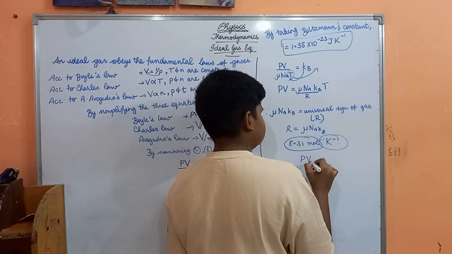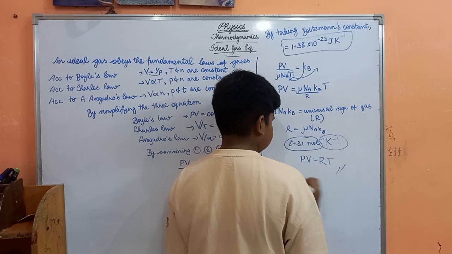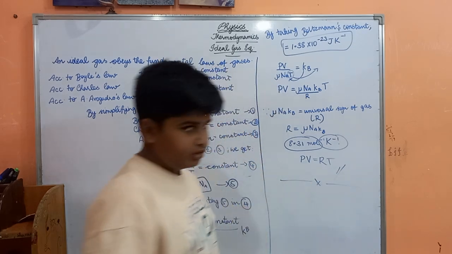So PV is equal to RT, and voila. This is my own derivation.